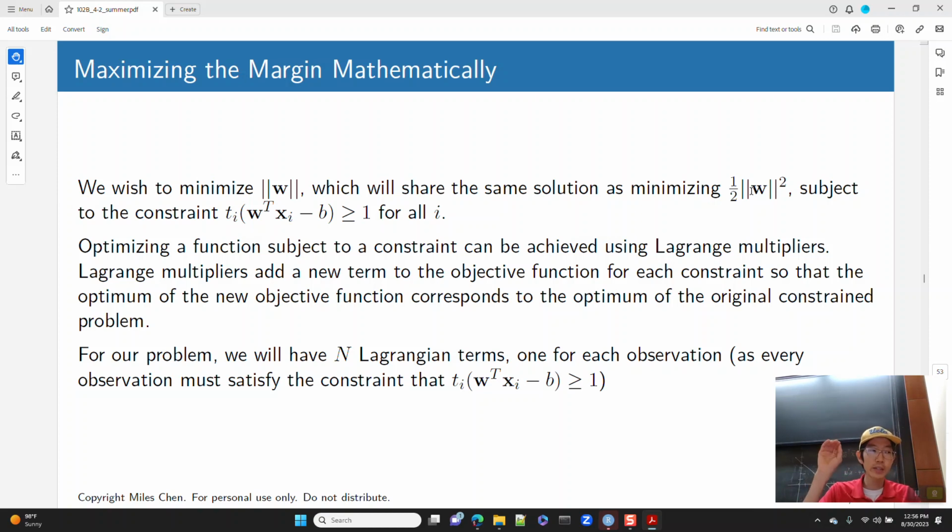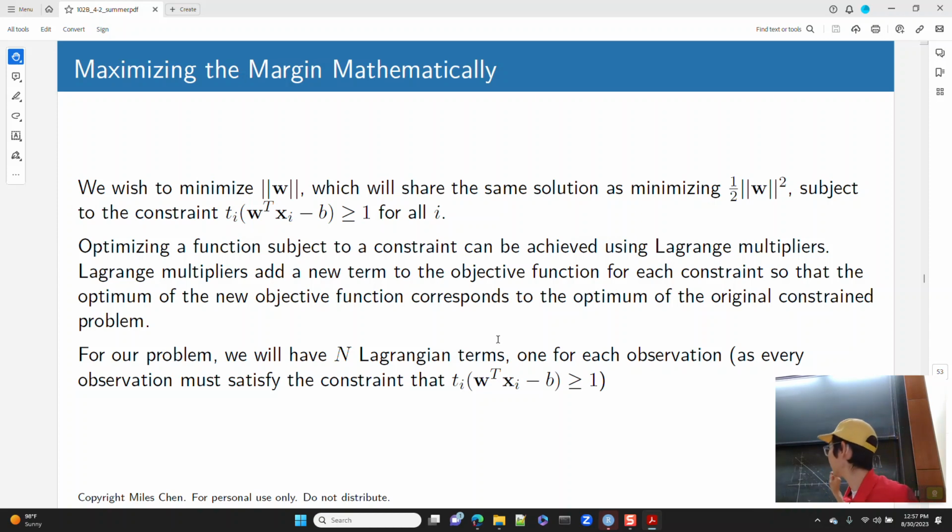And we're going to add little Lagrange terms for each of these constraints that we need to keep, okay? So we actually have n of these Lagrange terms, okay?